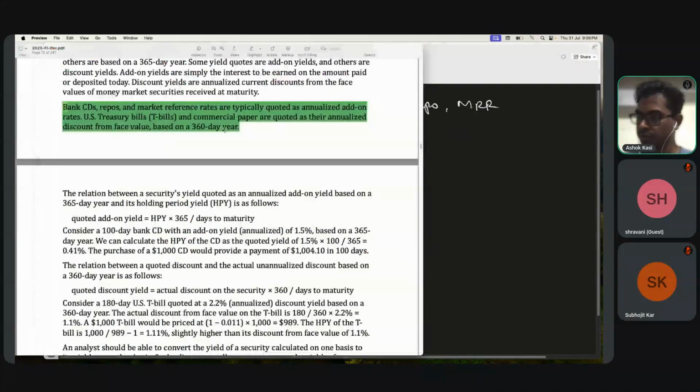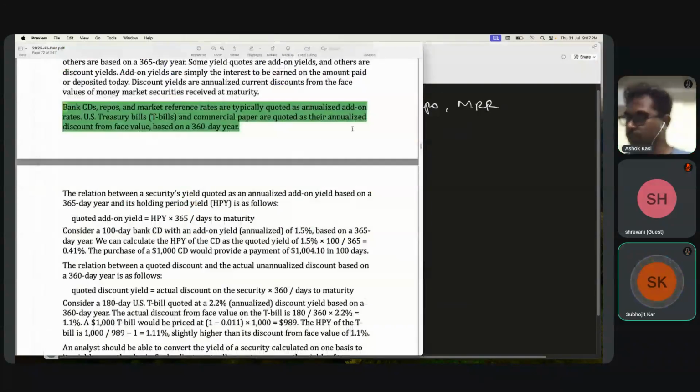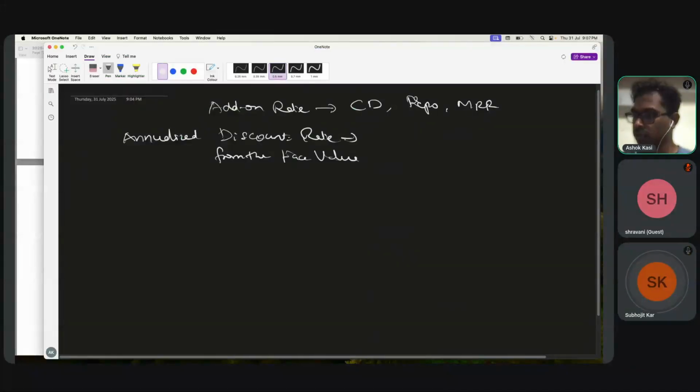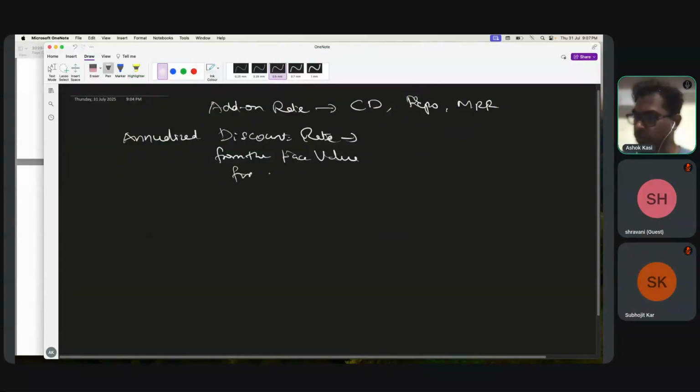So annualized discount rate. Discount rate means from the face value. Discount means how much profit you are getting. I'll explain that now. From the face value for 360 days.